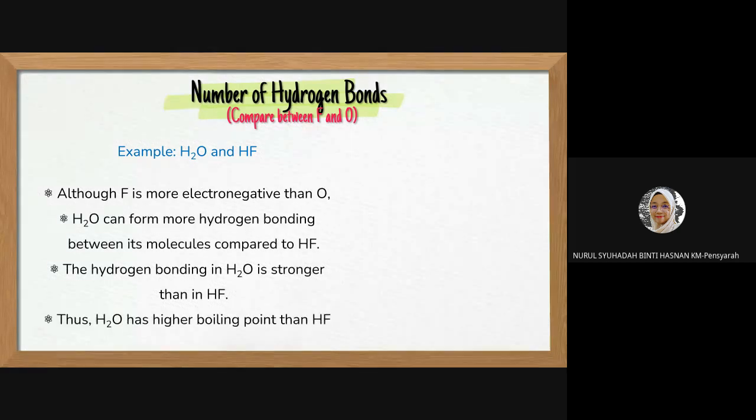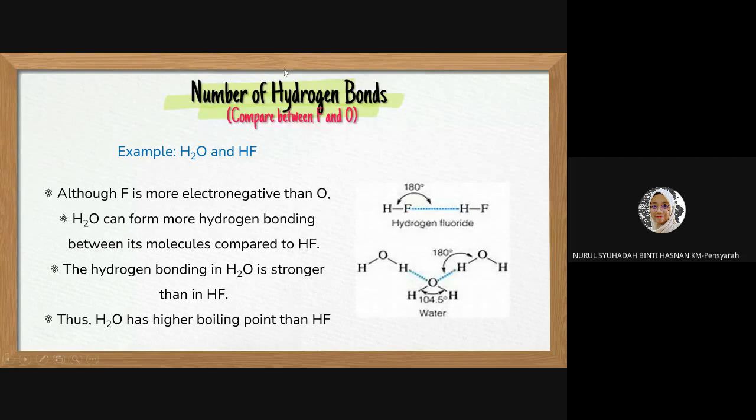Now, although fluorine is more electronegative than oxygen, H2O can form more hydrogen bonding between its molecules compared to HF. Jadi dekat sini kalau awak tengok balik kepada H2O molecule, dia akan ada dua lone pair dekat sini. So these two lone pairs of oxygen are readily to be shared between oxygen with hydrogen atom.